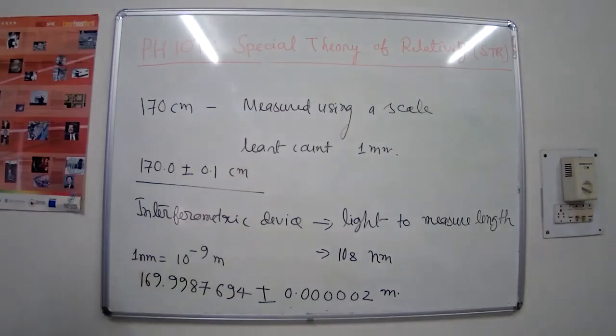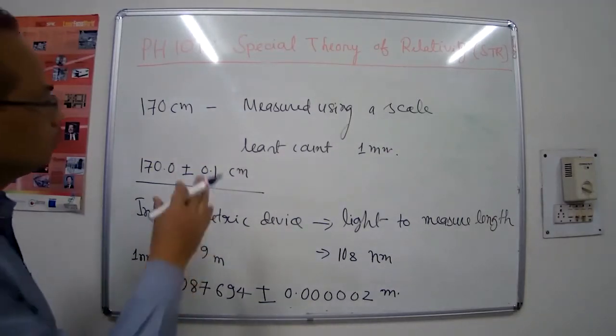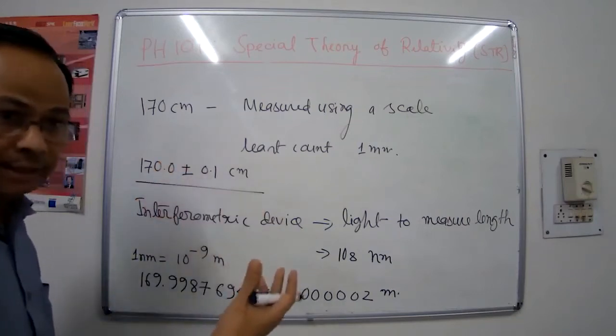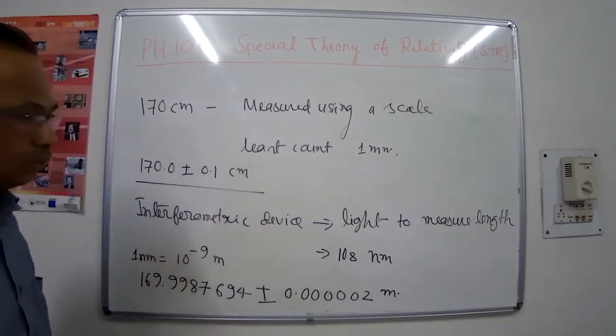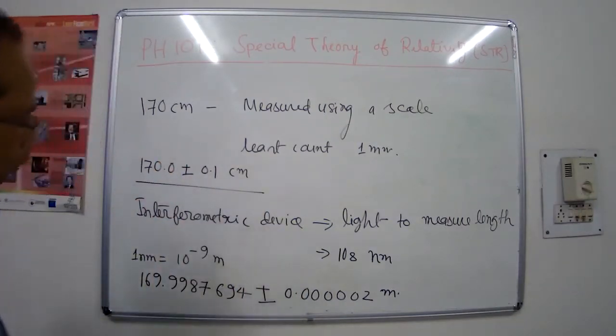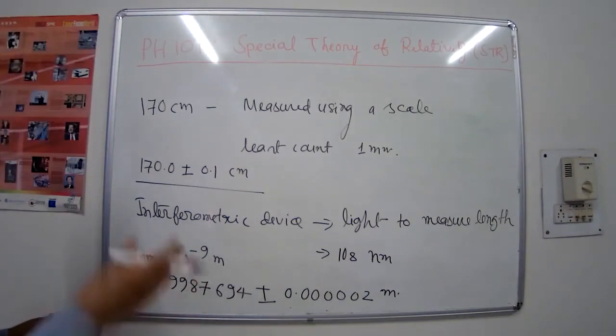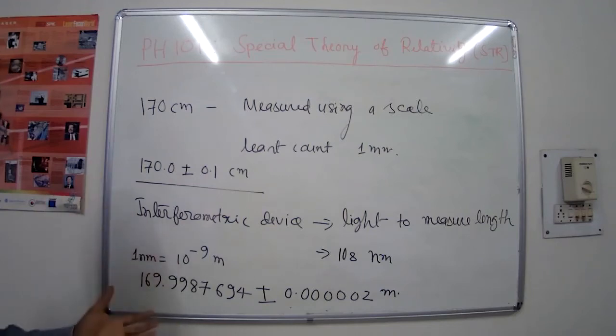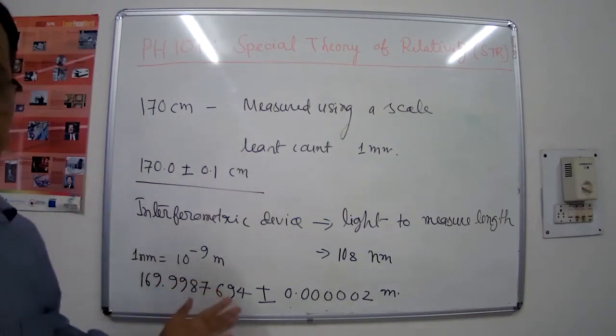So for most of the applications, whatever is predicted by Newtonian mechanics is sufficient as far as the outcome is concerned. So for most of the phenomena during these 200 years, whatever accuracy was given by Newtonian mechanics was sufficient.